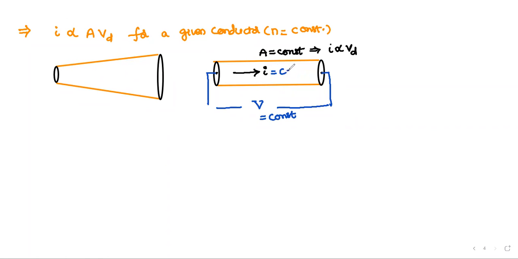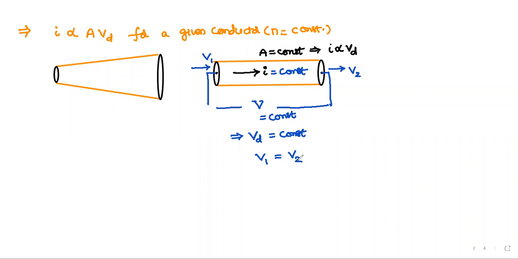If I is constant, Vd is constant. Suppose the electron or the current enters with a velocity v1 and leaves with a velocity v2. Then I have to say v1 is equal to v2. Drift velocities are the same.